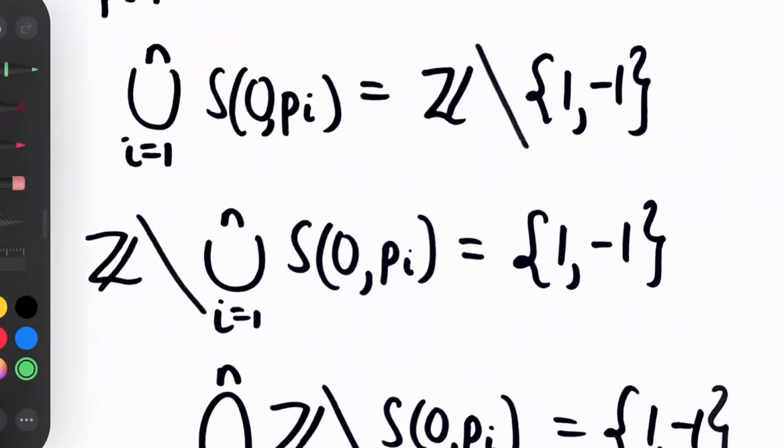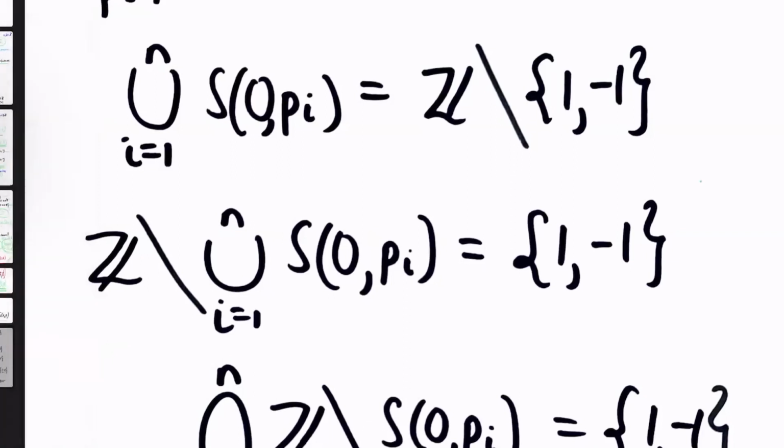So Z minus S_{0,Pi} is open, and a finite intersection of open sets is open. Therefore, this left side quantity is open. Hence, {1, minus 1} must be open in Z. But that's a contradiction, right?